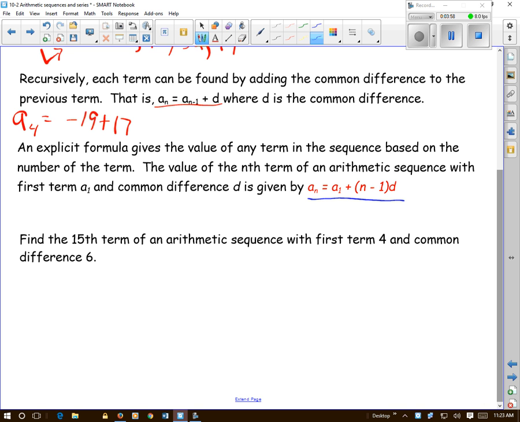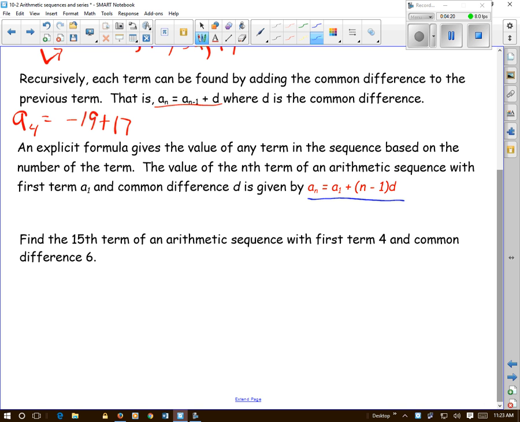So think about what's happening as you go through this. If you start with the first term, for the second term you're adding the common difference 1 time. For the third term, you're adding the common difference 2 times. And then adding it 3 times. So the n minus 1 is how many times d is getting added on.